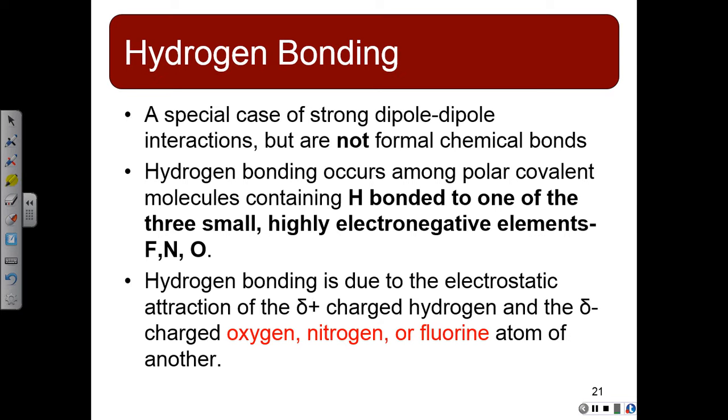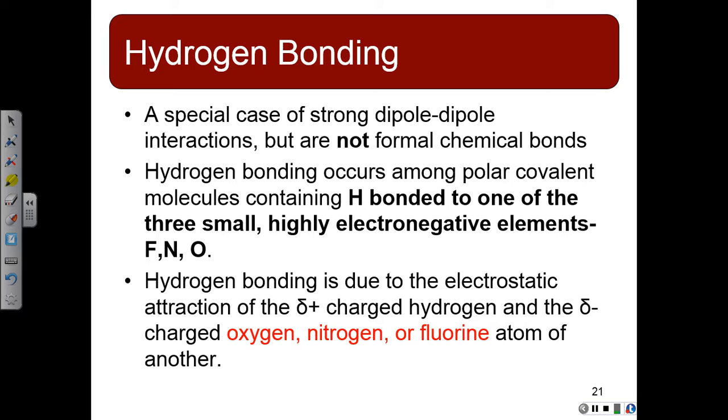If you look at your periodic table, those are next to each other in the second row. Some students accidentally replace this with fluorine, chlorine, and bromine. Those do not hydrogen bond. So it's fluorine, nitrogen, and oxygen. You want to know those three atoms and be sure you don't confuse them with anything else.